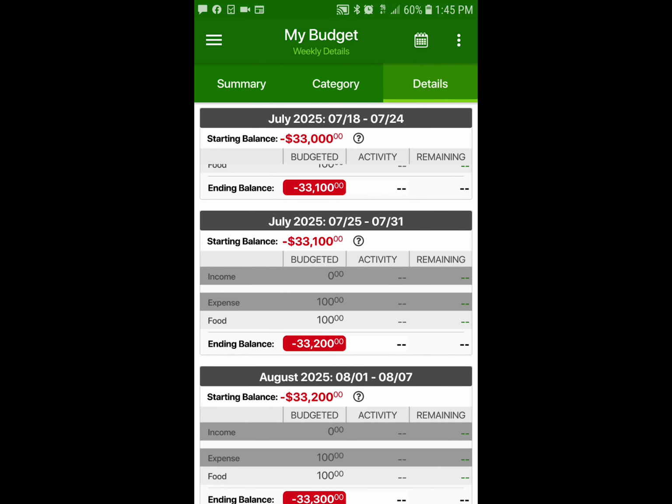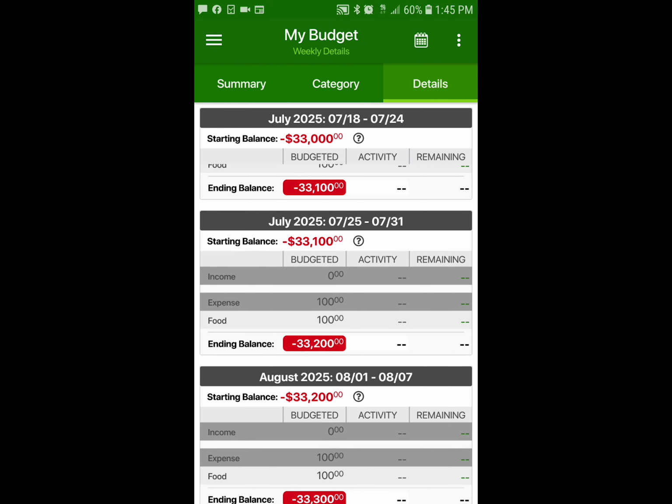Notice we have jumped out to July 2025, the week of July 18th to July 24th. Now, notice our starting balance is negative $33,000. That is where the money's at.